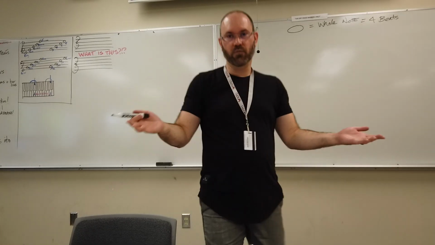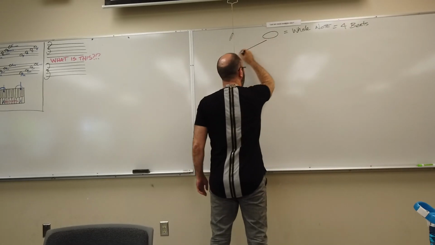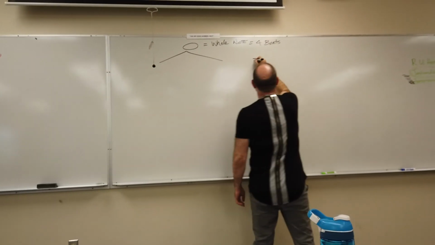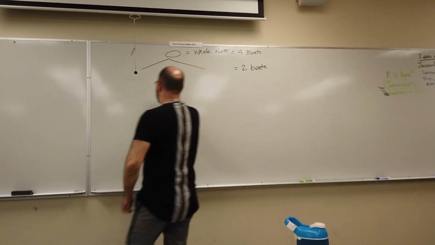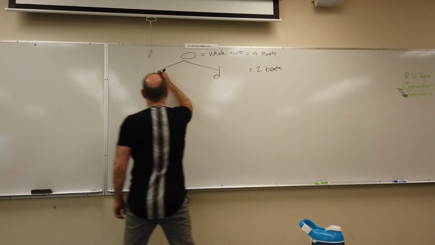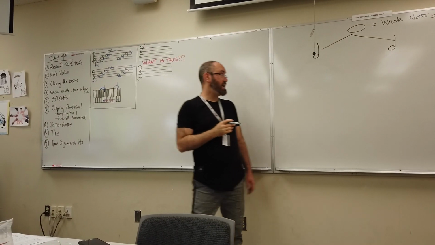What? I swear this is a university class. Okay, I swear it's a university class. So if I chop this in half like this, I'm going to get 2 things that are 2 beats. So we start with a circle again, but this time we give it what's called a stem. S-T-E-M.